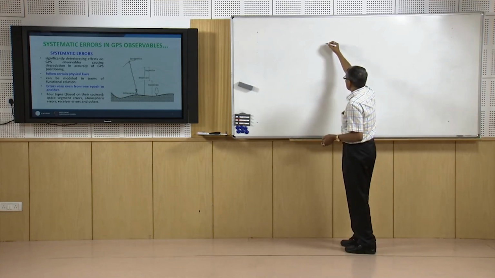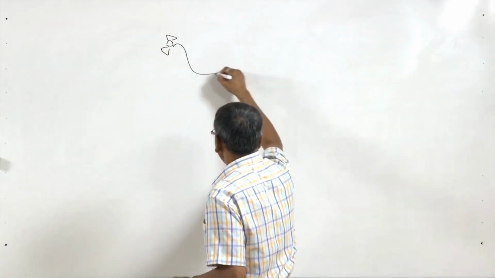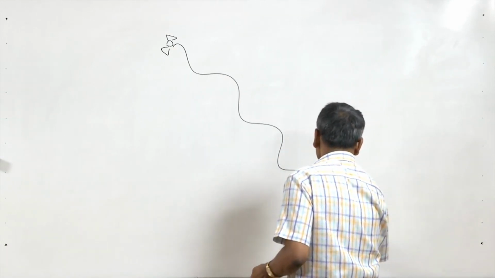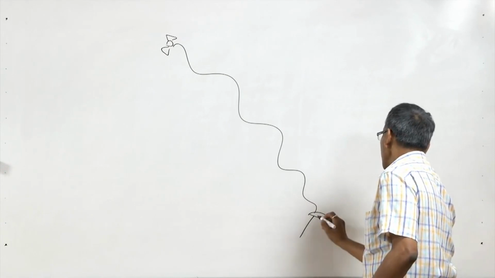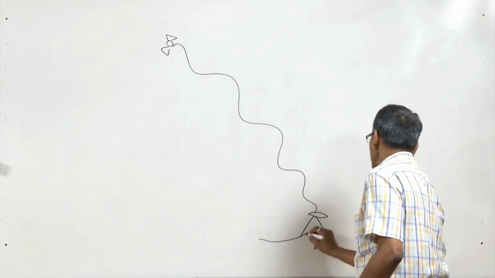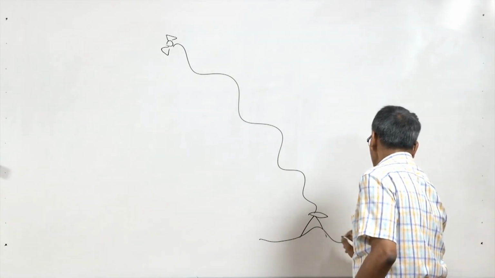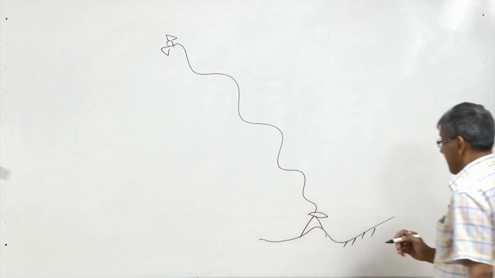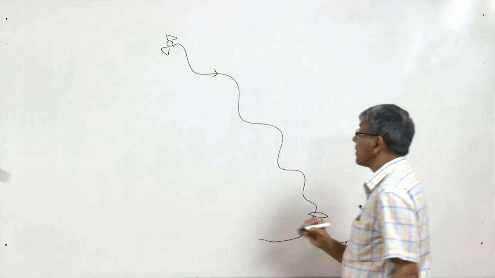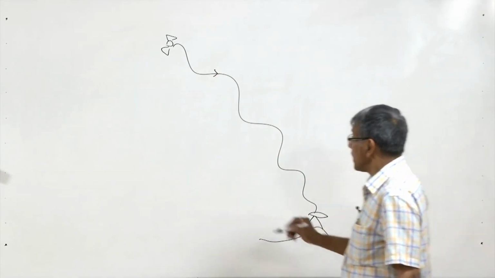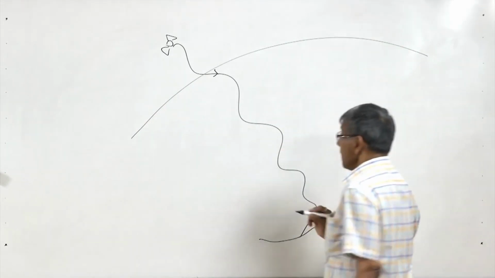Now if we assume that the GPS signal is coming from satellites to a receiver, while this signal is coming from the satellite to the receiver, it will pass through the atmosphere.